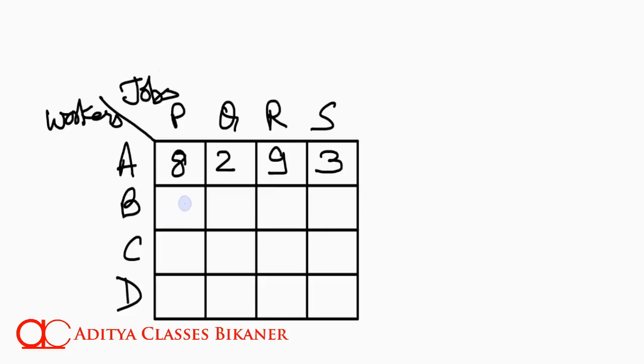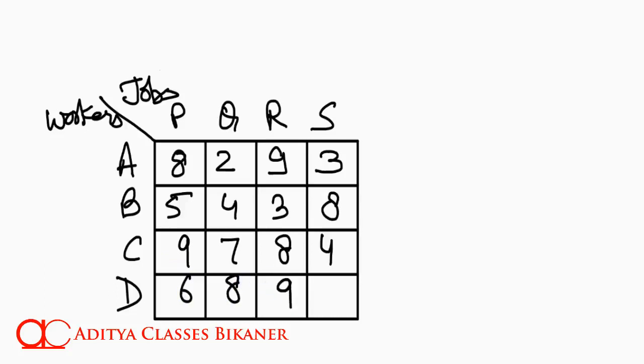Then, let us say similarly B takes 5 minutes, 4 minutes, 3 minutes, and 8 minutes to finish P, Q, R, and S. Then let us say C takes 9, 7, 8, and 4 minutes. Then D maybe takes 6, 8, 9, 8 minutes to finish these tasks.